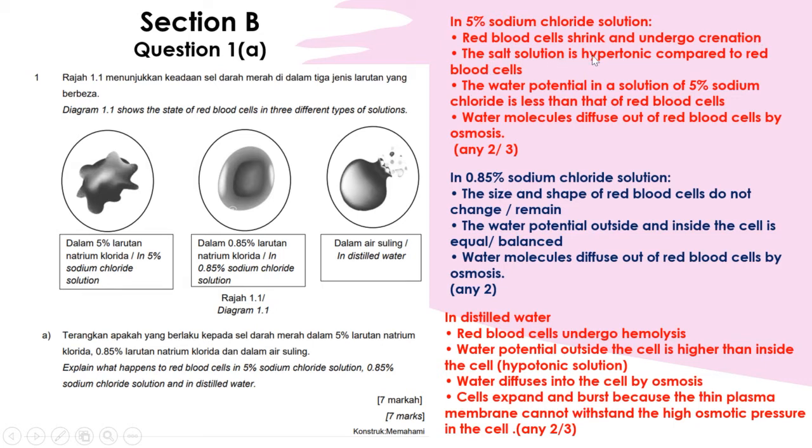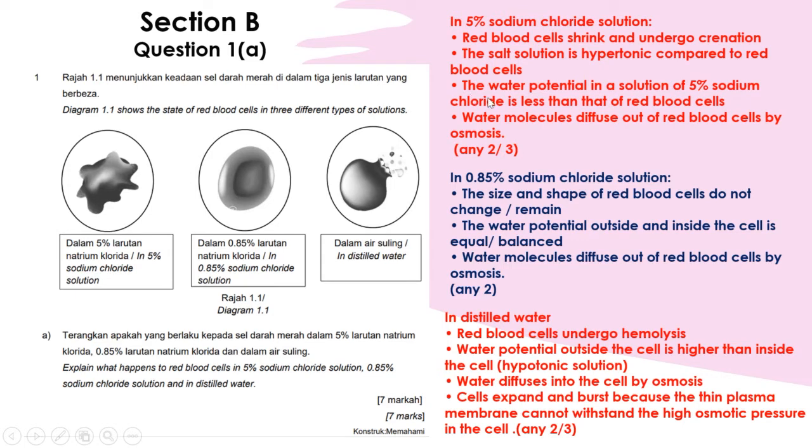The salt solution is hypertonic compared to the red blood cell. The salt solution here refers to the sodium chloride solution just now. Why hypertonic? Because it has a high concentration of sodium chloride.